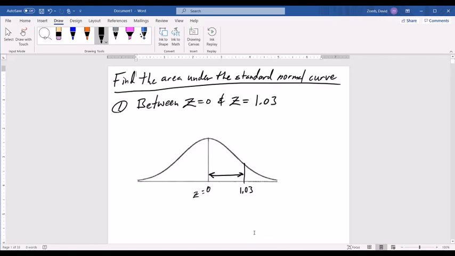So you have 1.03. All of the numbers inside this table are from 0 to that z-score on the outsides. So we have 1.03. I would have to go down here to 1.0 and then come over to the 0.03, which is 1.03.